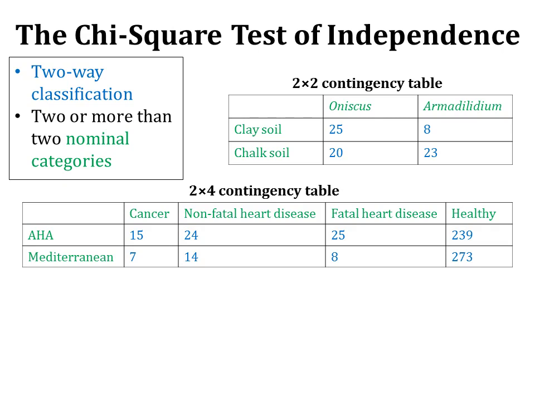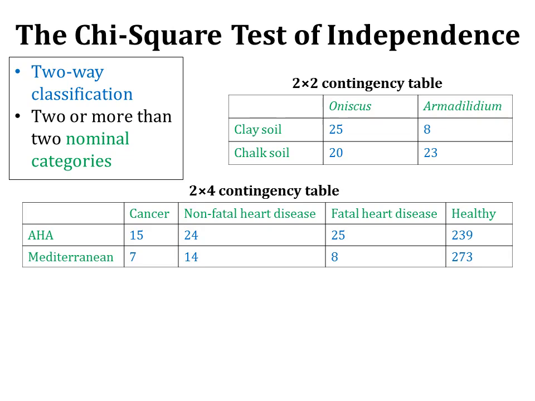So 15, this cell, represents the number of cancer cases on the American Heart Association recommended diet. And 7 represents the number of cancer cases using the Mediterranean diet. 24 is the number of non-fatal heart disease cases on the AHA diet, and 14 is the number of non-fatal heart disease cases on the Mediterranean diet.